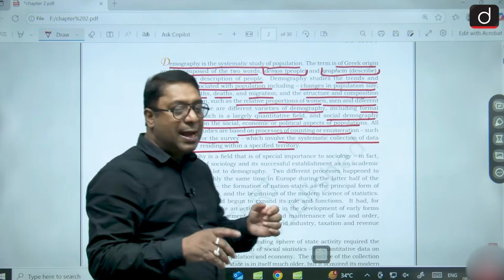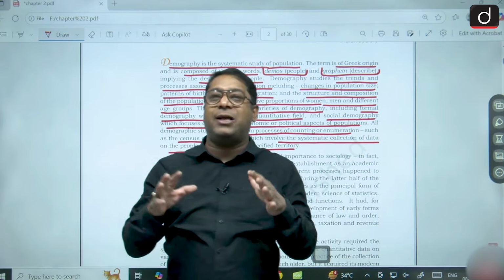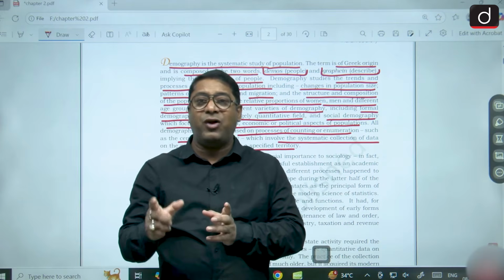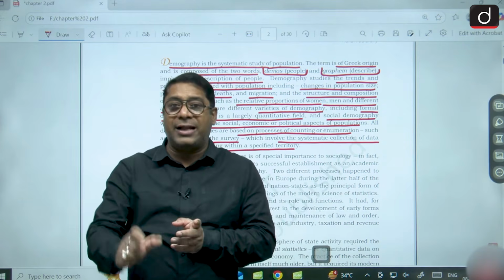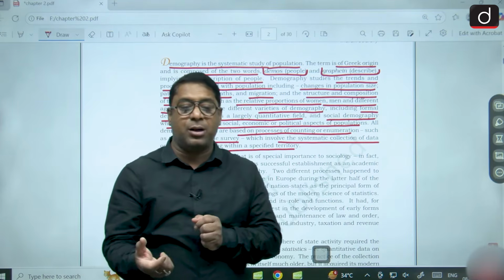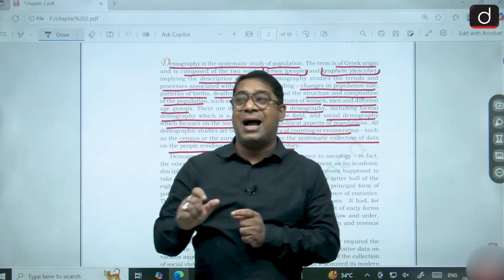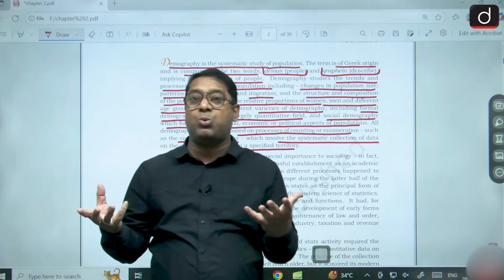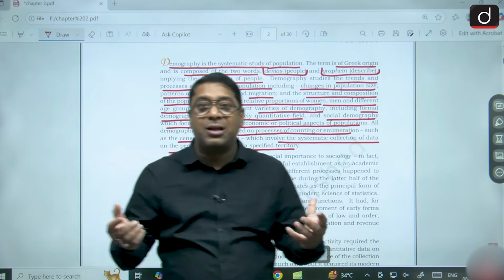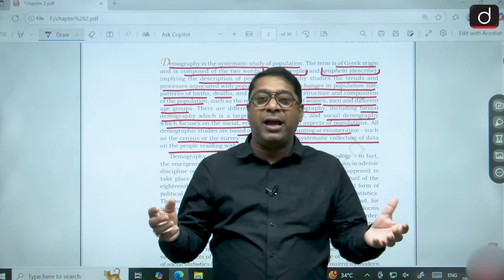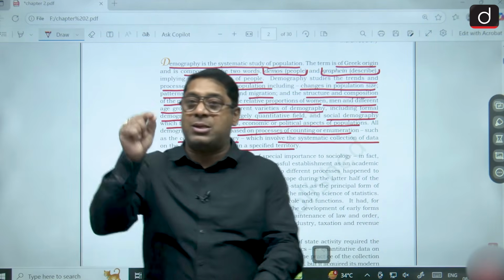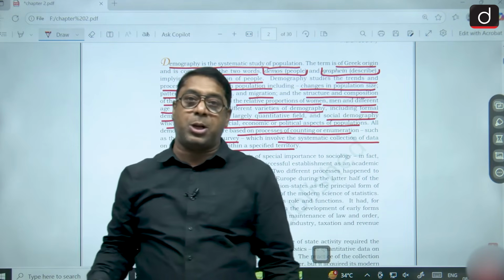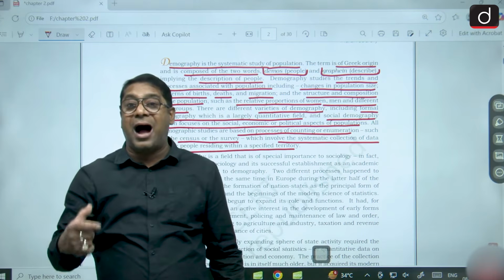Besides this, when we have to conduct demographic studies, we have to do counting, and the name of counting is enumeration. So there are counting methods, there are enumeration methods. For example, census. Census is what? After every 10 years, the entire population of India is taken into consideration. In a census, each and every item of the population is counted.